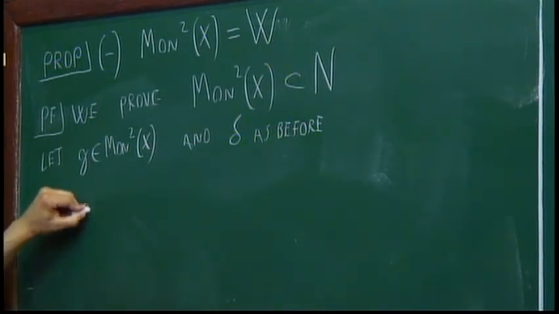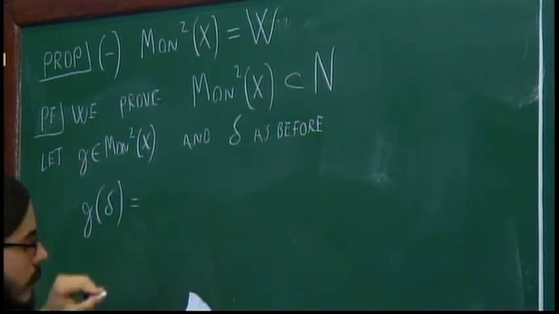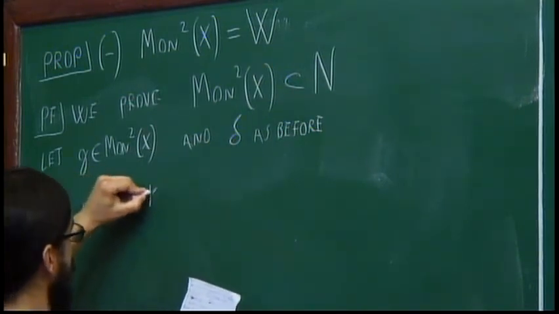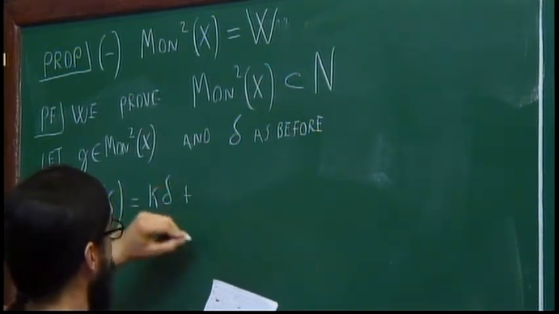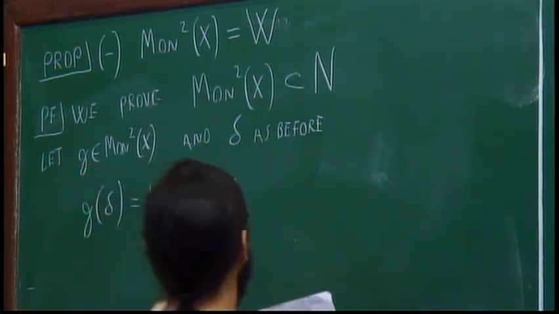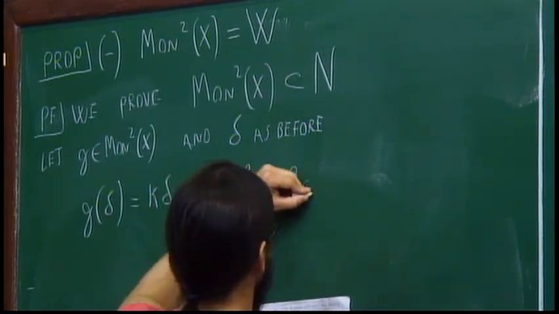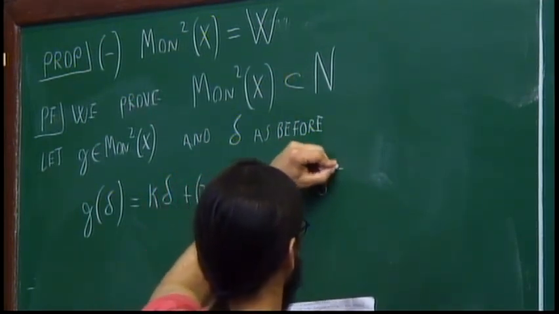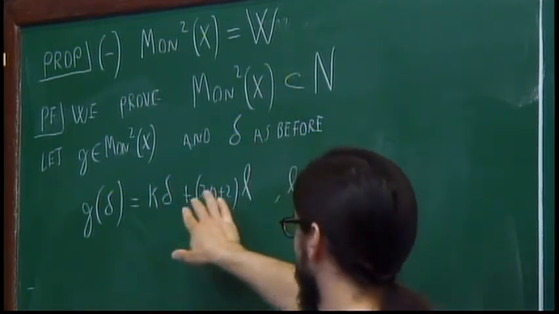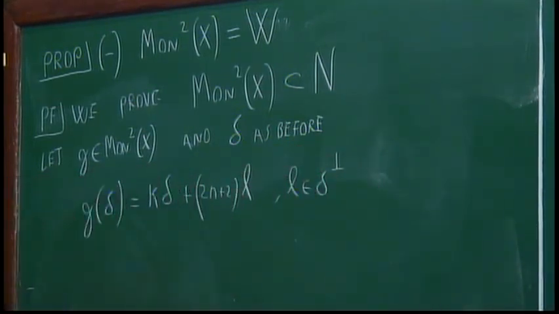So g of delta will be some multiple of delta plus a non-primitive element L, where L is in delta perp. This is just because the divisibility has to stay the same.